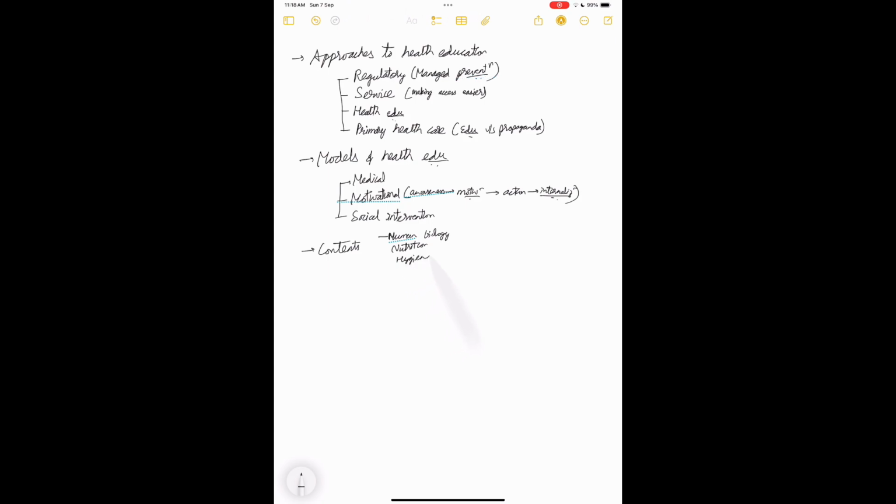So the various contents of health education range from human biology, nutrition, hygiene, family health, disease prevention and control, even mental health, which is of rising importance nowadays, prevention of accidents and proper utilization of health services.